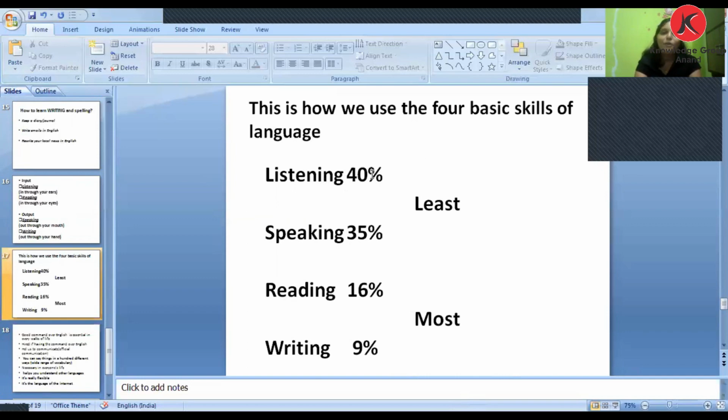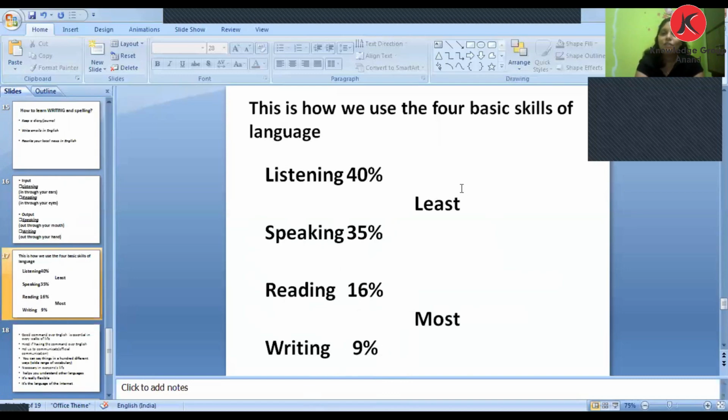Why I'm telling you? Because this is the way that we have to use this skill, but we are not using. We are doing opposite of it. Okay, listening we are doing 9%. Sorry, 16% ले लेते हैं. Speaking we are 9%. Speaking नहीं करते, reading we are 40%, writing we are doing 35%.